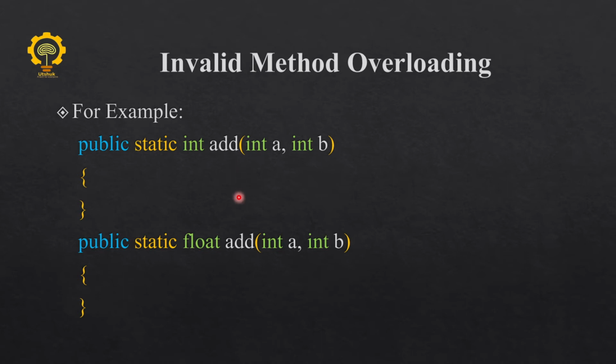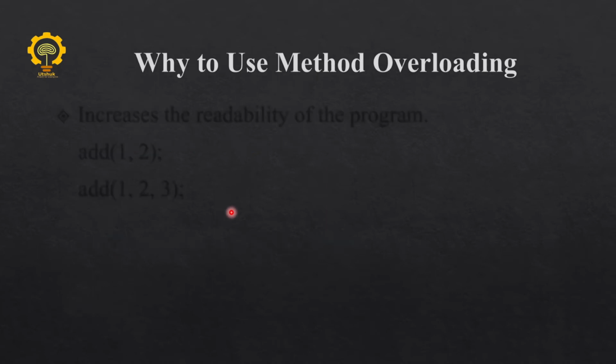Whenever the Java compiler compiles the code, it's gonna create ambiguity here, as the method names are the same and only the return type differs, so it is considered invalid and the compiler throws an exception here. So why use method overloading?